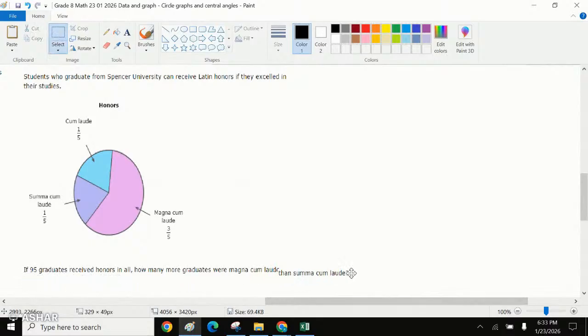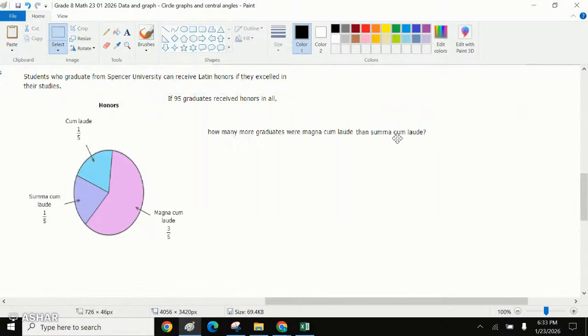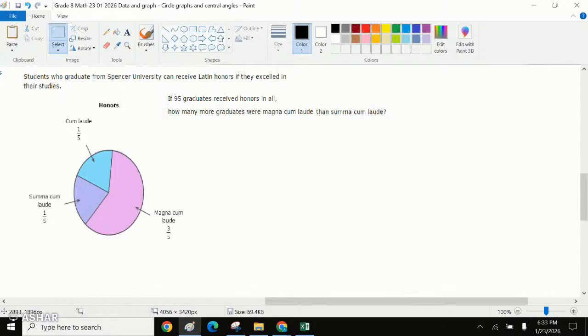Just a minute, please. If these are the students who are graduating, how many more graduates were magna cum laude than summa cum laude? The students who graduate from prestigious universities, right? This is the terminology that is used for them.